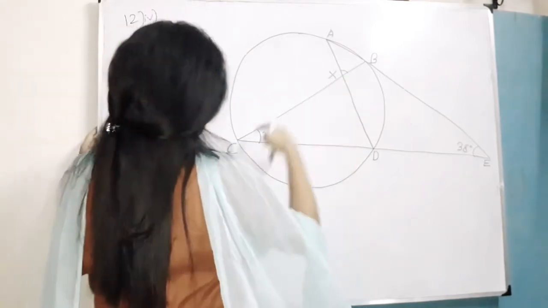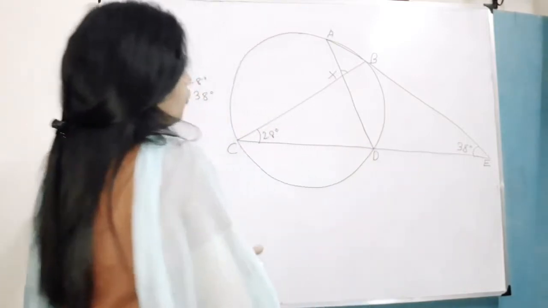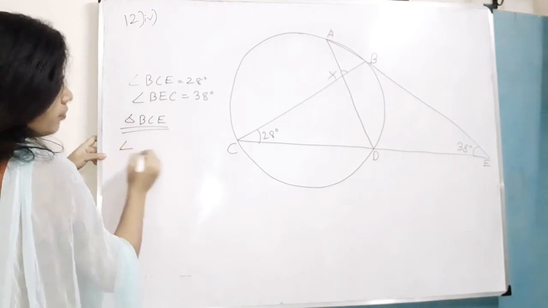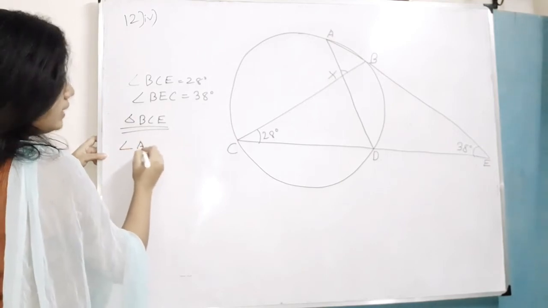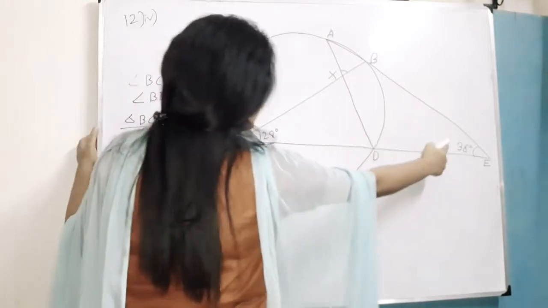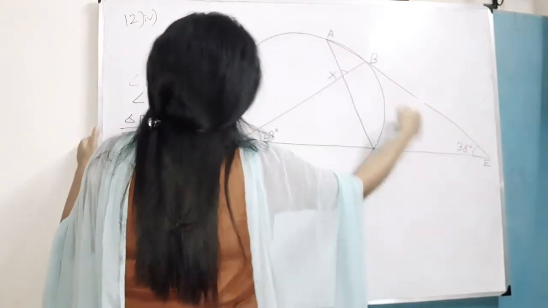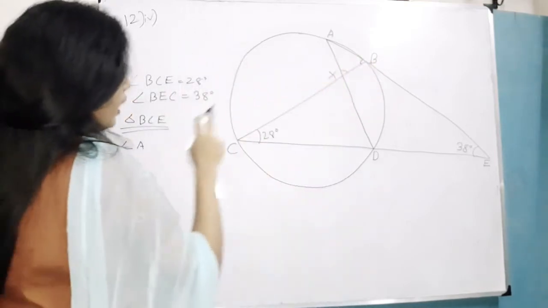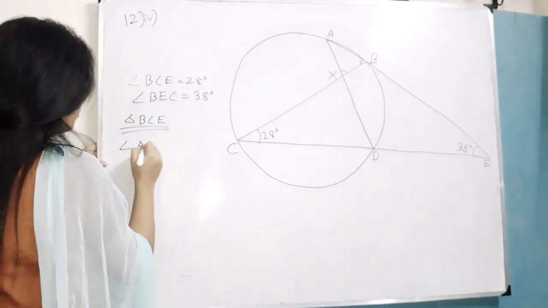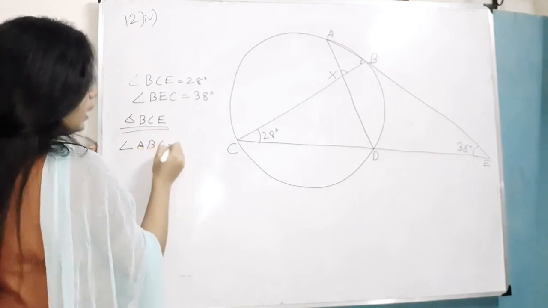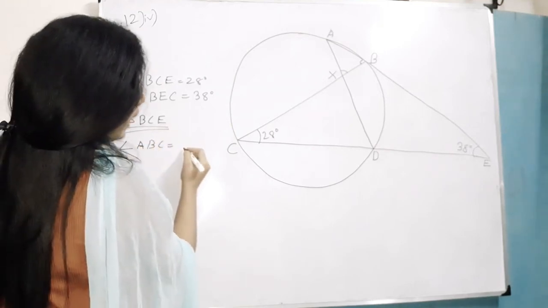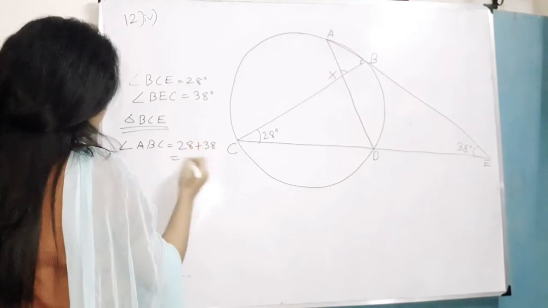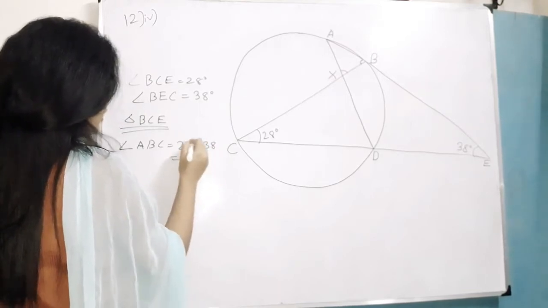this one BCE, the larger one, so we can say that angle ABC, meaning these two angles I am taking. With respect to this one, if I take this angle, we can write angle ABC equals 28 plus 38, that means 66 degrees.